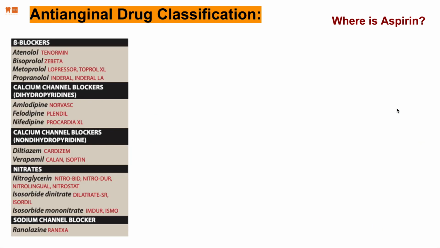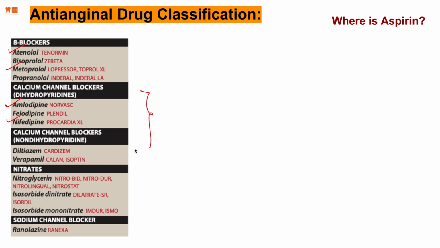Another reference of ours that we used also has a classification that is positioned in a chart format, so that's why this exists here. So in beta blockers, atenolol, metoprolol, very, very important. Calcium channel blockers, amlodipine, nifedipine, very common. CCBs, which are non-dihydropyridines, and the above ones were dihydropyridines.